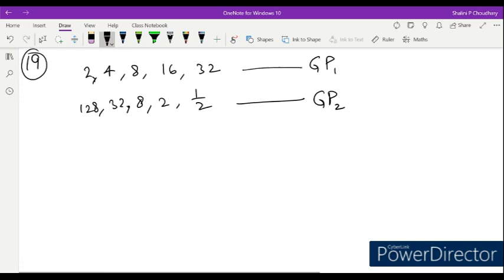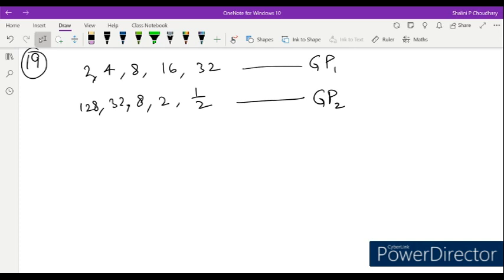So now what is the question? The question is to find the sum of the product of the corresponding terms. The first term of this sequence should be multiplied by the first term of the other sequence, and we have to find the sum.